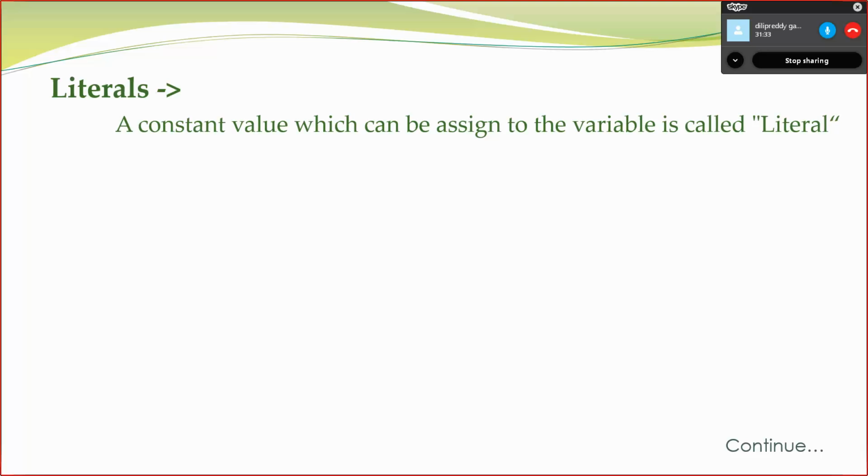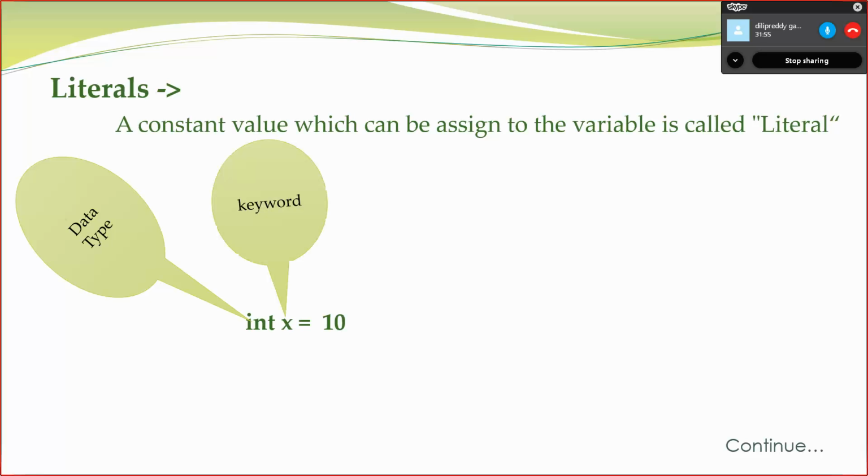So see this concept: int x equals 10. We have read this completely till now. Int is a data type, we know. x is not a keyword, it is an identifier.